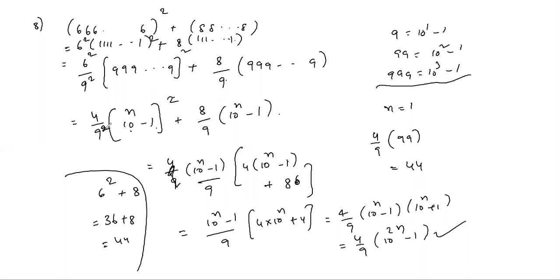What we have written this one? 4 by 9 correct one. By simplification. Next 10 power n minus 1, 10 power n minus 1 common. By 9 common. So here what you have 1 4. 1 already 1 common. So whole square 1 common means 1 more time 1. So 4 into 10 power n minus 1. Here 8 by 8 only we have. So plus 8. Minus 4 plus 8 is plus 4. 4 outside. 10 power n minus 1. This is 10 power n plus 1.